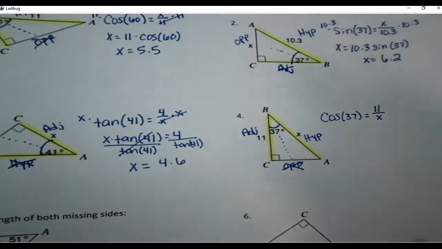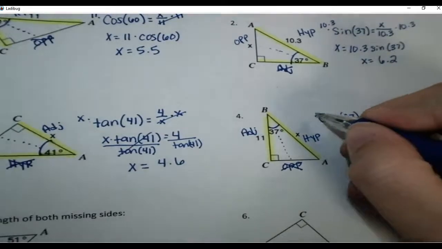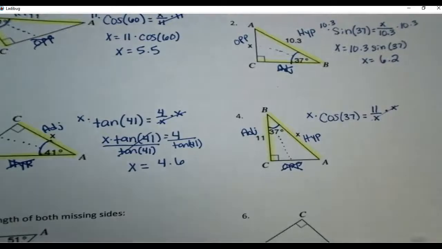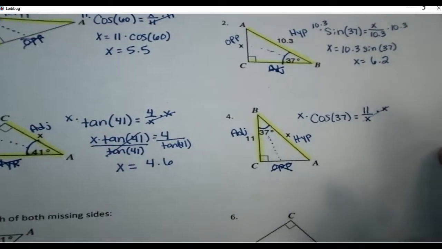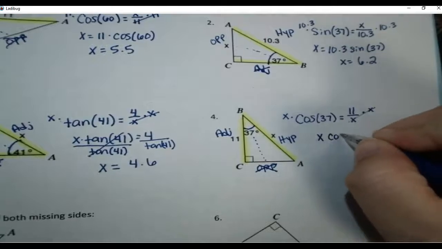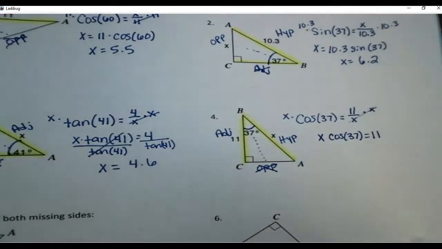Okay. So our first step is multiply. This time we're multiplying by X. And again, that gets rid of the X in the denominator. So we get X cosine of 37 equals 11.